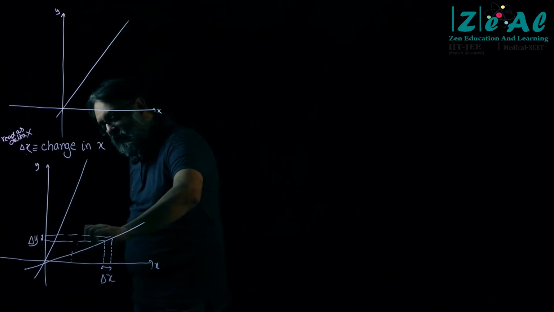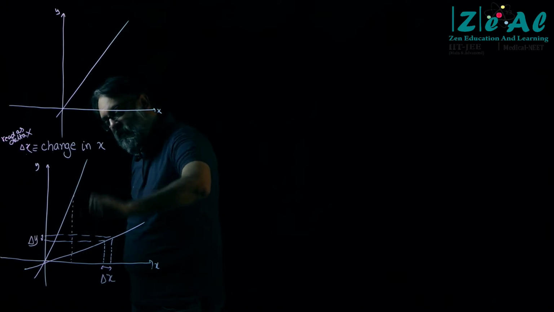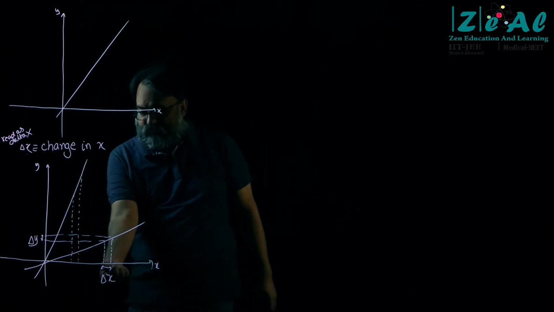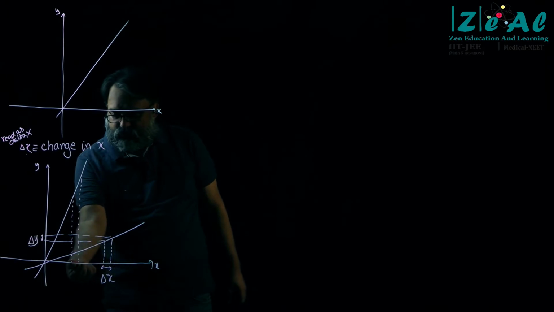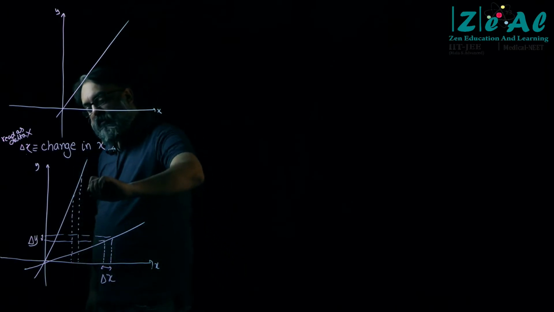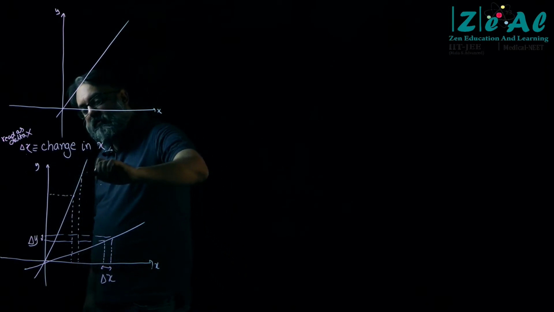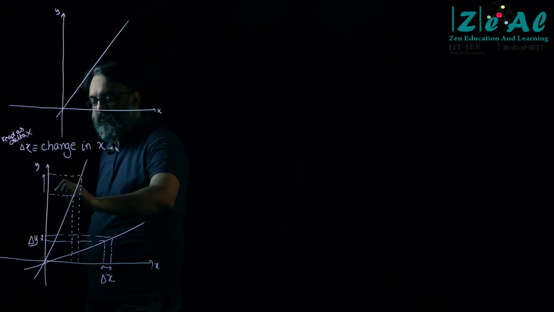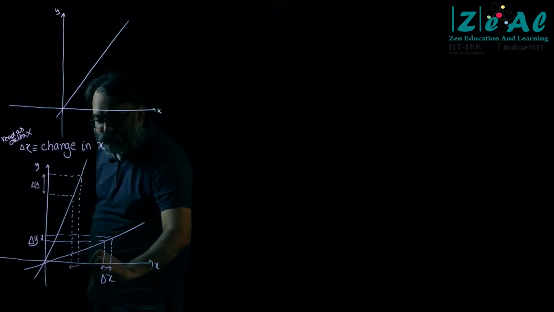Similarly, for the other graph, I can say that for the same change in x, this quantity and this quantity are same, the change in y is very different. So this is delta y and this is delta x.